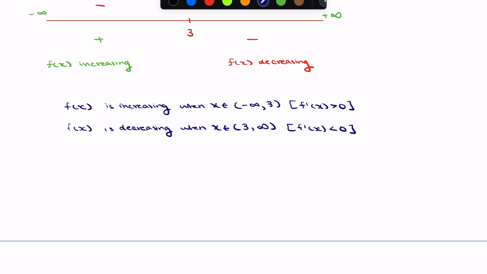And so the process that we use to analyze the behavior of a function includes, again, first taking the derivative, factoring f prime of x, and then creating a number line that includes the x-intercepts and or the vertical asymptotes if we're looking at a rational. And then we have to test each interval to again see if it is increasing or decreasing, and then we draw the conclusions based on that.